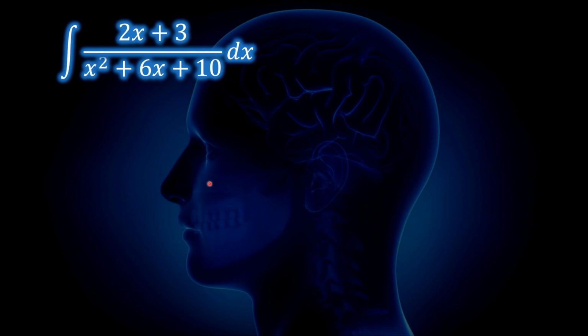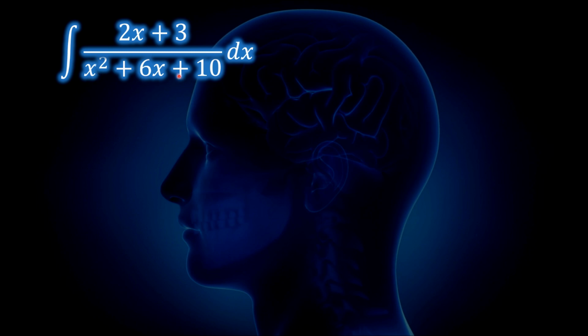Here's what I'm noticing. I've got this quadratic on the bottom and a linear on top, which has got the wheels turning for maybe some kind of u substitution, because I've got an expression and its derivative, but not exactly.